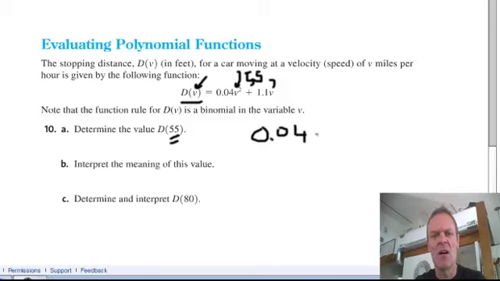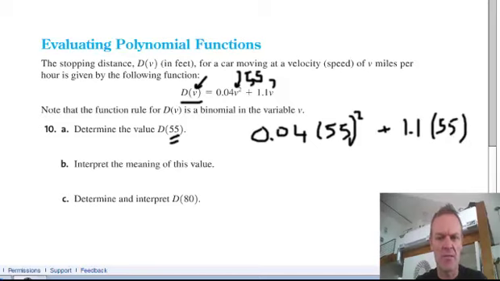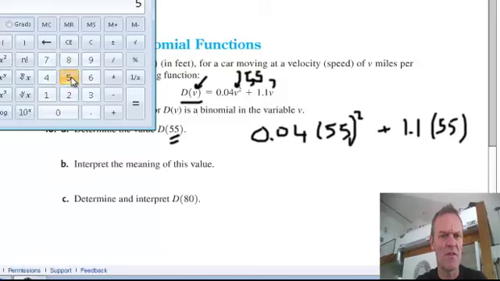0.04 times v squared. So I'm going to do the 55 squared first, remember. And I'm going to add 1.1 times 55, and that's just v, that's not squared. I need a calculator for this. So what's 55? I'll just do times 55 again.